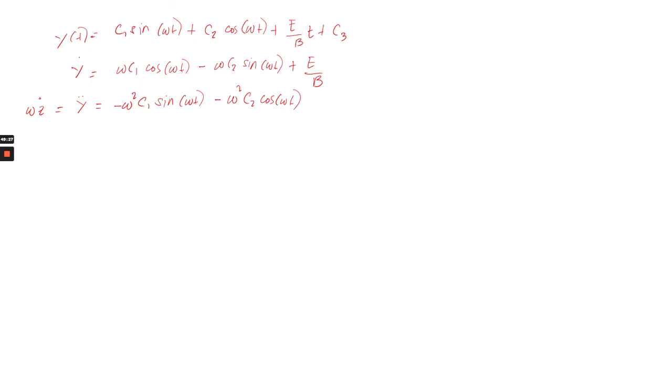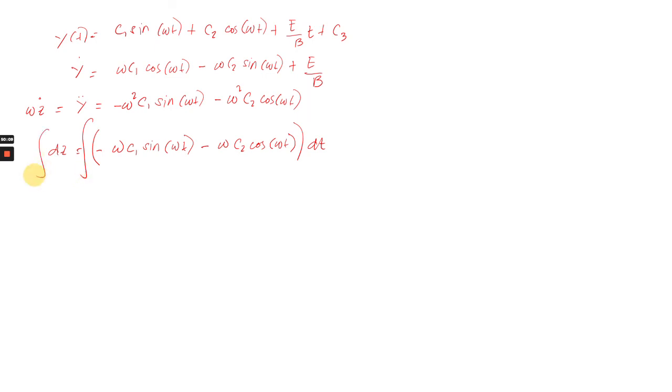So we have z dot equals negative omega C1 sine omega t minus omega C2 cosine omega t. So we can get z by dz over dt, integrate all over.